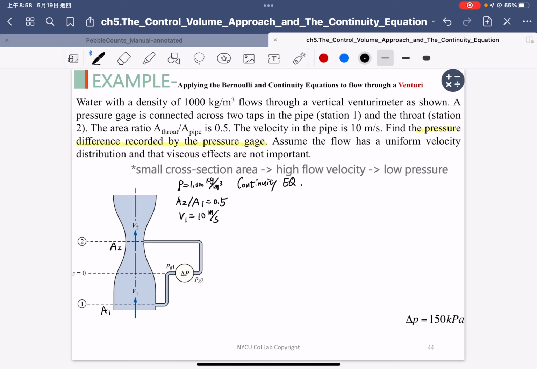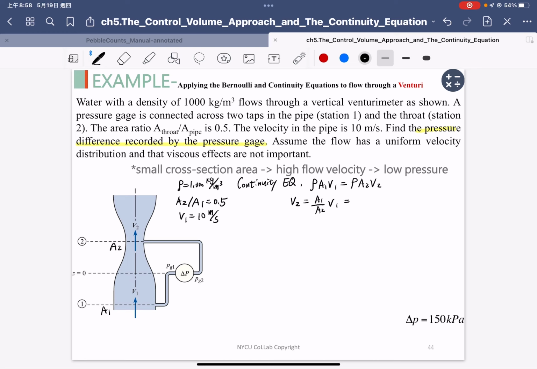Again we have rho A1 V1 equals rho A2 V2, right? But now we don't know V2, so we keep V2 and move all of the other parameters to the right-hand side. So A1 divided by A2 multiplied by V1.